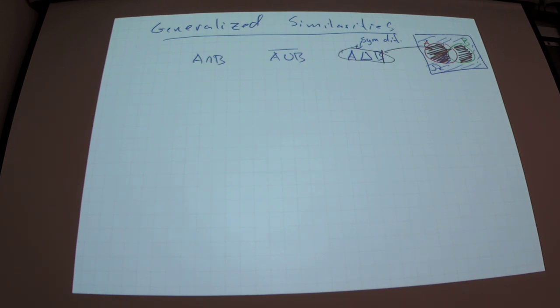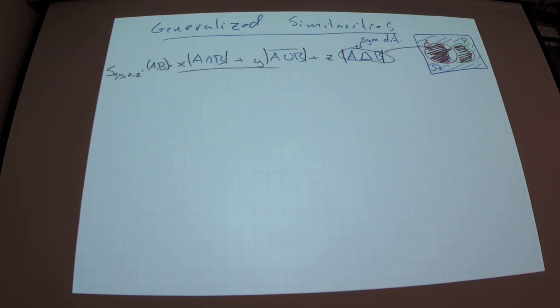Okay, so I'm looking at the cardinality of each of these terms, and I'm going to put a parameter in front of these. So I'm going to define a general similarity, x, y, z, z prime, between A and B, which is going to be x times the cardinality of A intersection B plus y times the cardinality of the complement of A union B, plus z times the cardinality of the symmetric difference of A and B. And I may set some of these parameters to 0.